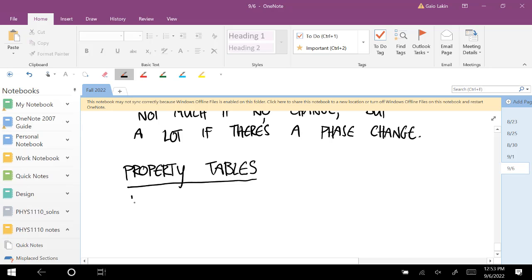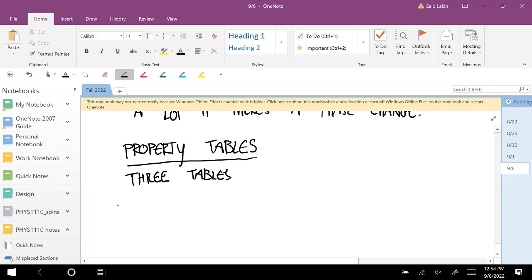There are three forms of tables, three types of tables. The first one is saturation tables. Those are the easiest ones to use. So whenever you're dealing with a liquid or a vapor at saturation, finding out values is easier.